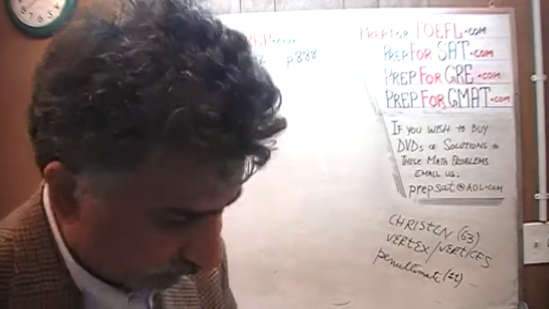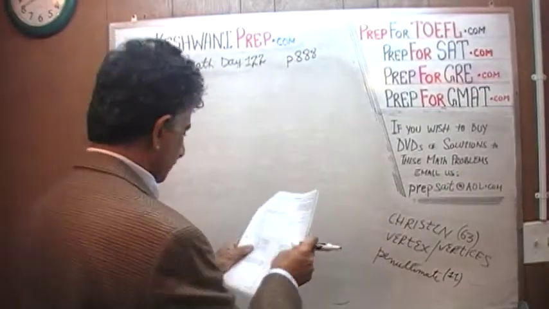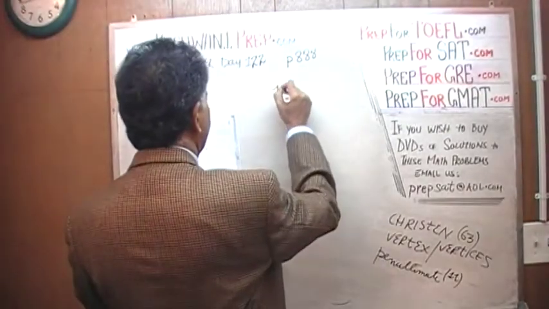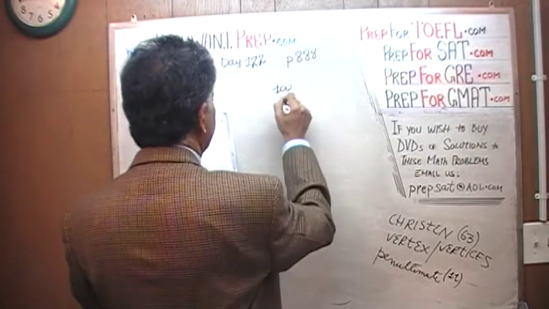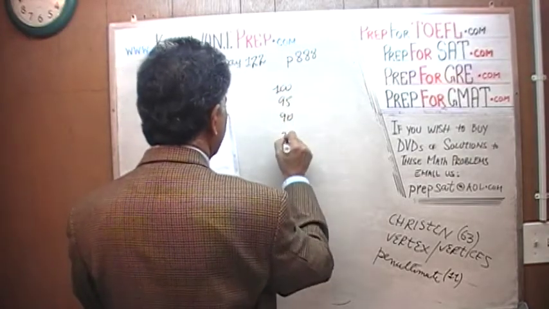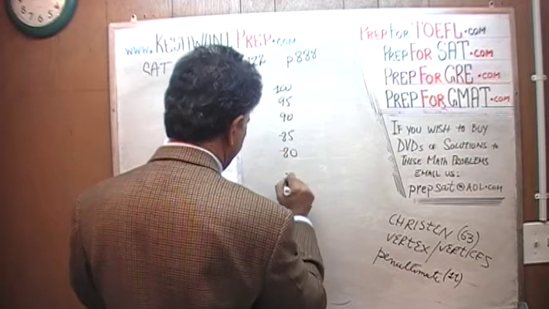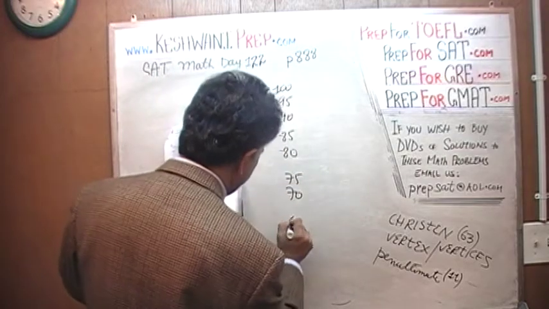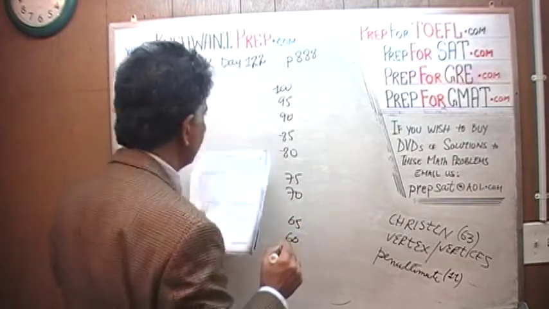Number 6, they give you a long chart here, going from 100 all the way down: 95, 90, 85, 80, 75, 70, 65 and 60.